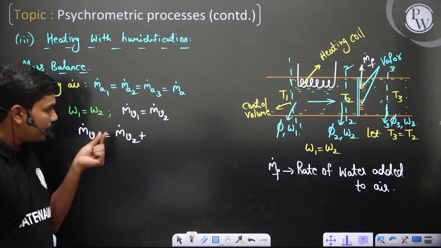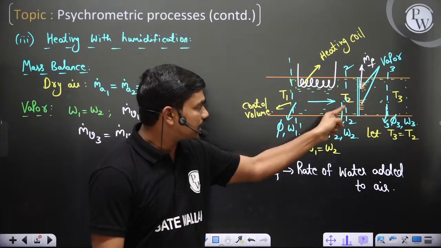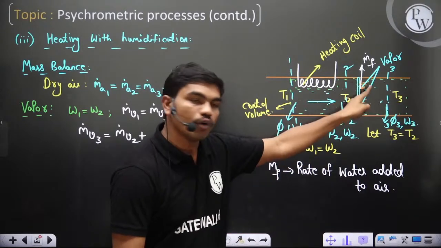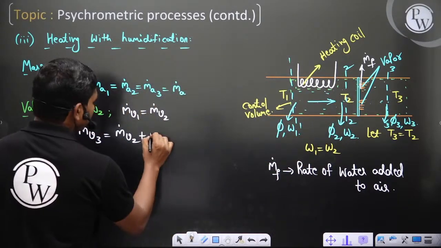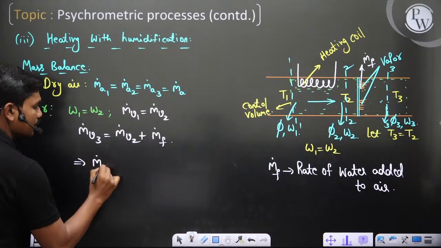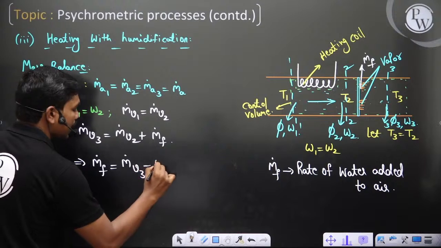Now the vapor available at section 3 is nothing but the vapor available at section 2 plus this excess amount of water which is coming inside, correct? So we have plus M dot F here. So the amount of water added, M dot F, is equal to M dot V3 minus M dot V2.